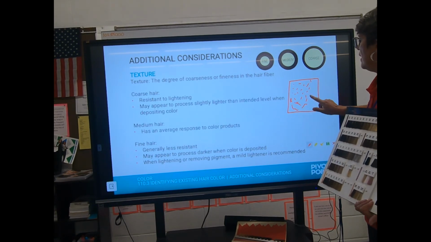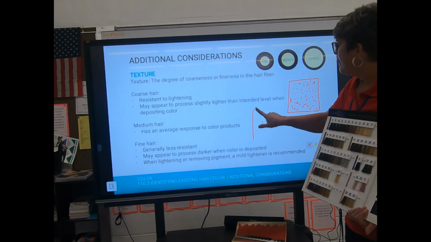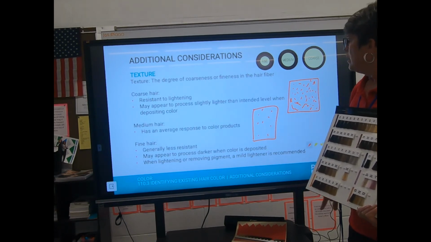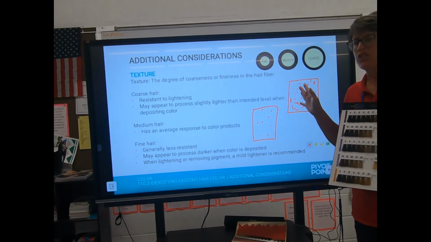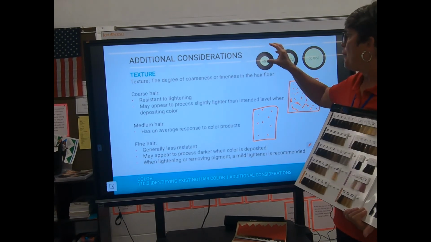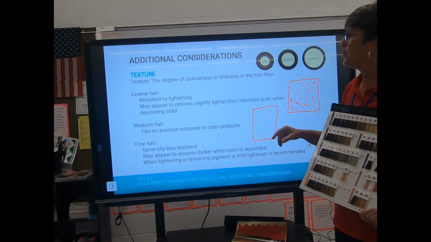Okay, sorry, my dots are, so you got that, and then you've got this. Okay, this is much denser than this. There are more hairs. But now we have to say, how big is each hair? Fine, medium, or coarse, okay?